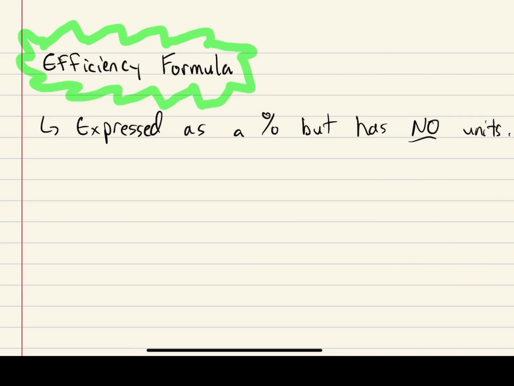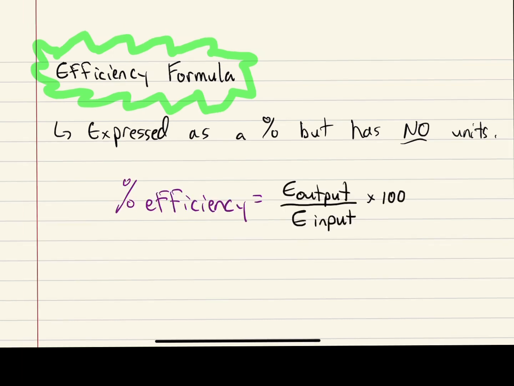Now, mathematically speaking, efficiency is expressed as a percentage and doesn't have any units, and that's because the formula cancels the units out themselves. So the formula is expressed as the percent efficiency is equal to the energy output over the energy input multiplied by 100.